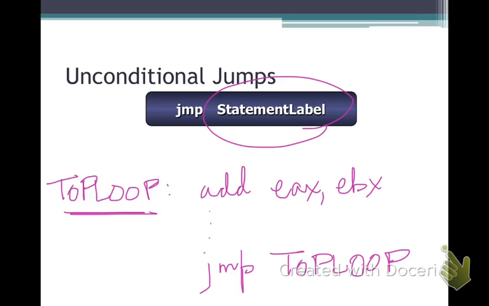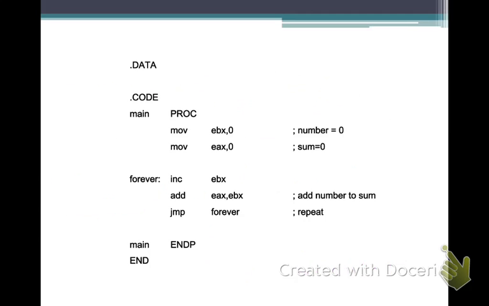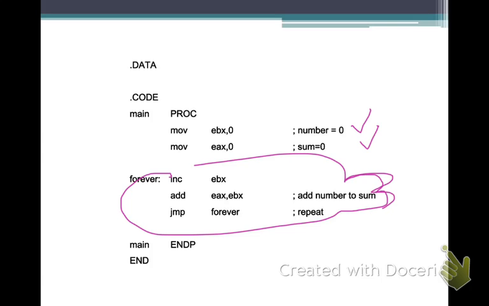I want us to look at the example code that's in the book. Figure 5.1, this piece of code has a problem. Let me show it to you real quick. Okay, this is what the code looks like, and the problem is that we initialize number to 0, sum to 0, we get here, execute, execute, execute, jump back up to this, and we keep going around in a circle, and it never stops.